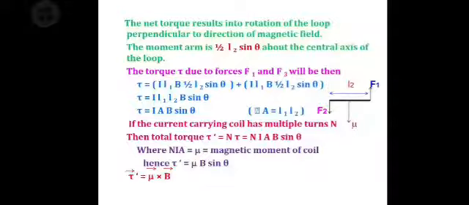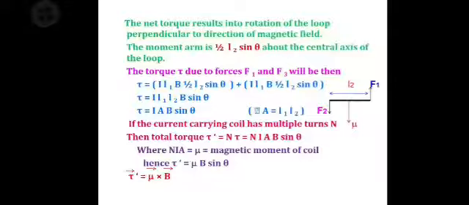Here two forces F1 and F2 are equal and opposite in direction, and the distance between these two forces is L2. So, the moment arm of each force is half L2 sine theta from the central axis of the loop, of course.